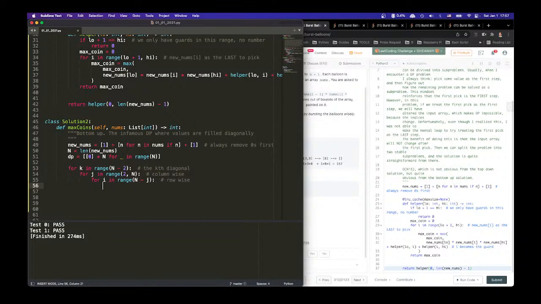No. What we need to find out, hold on, is all these values, right? That's 0, 3. This shall equal the maximum of this plus this plus this plus this.